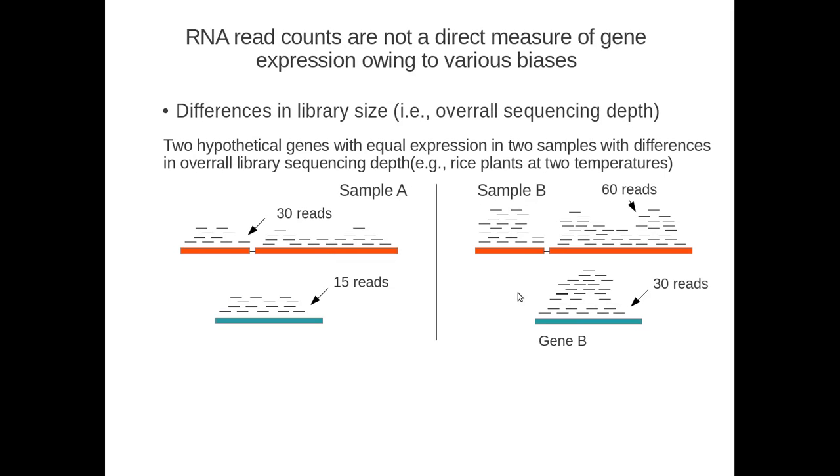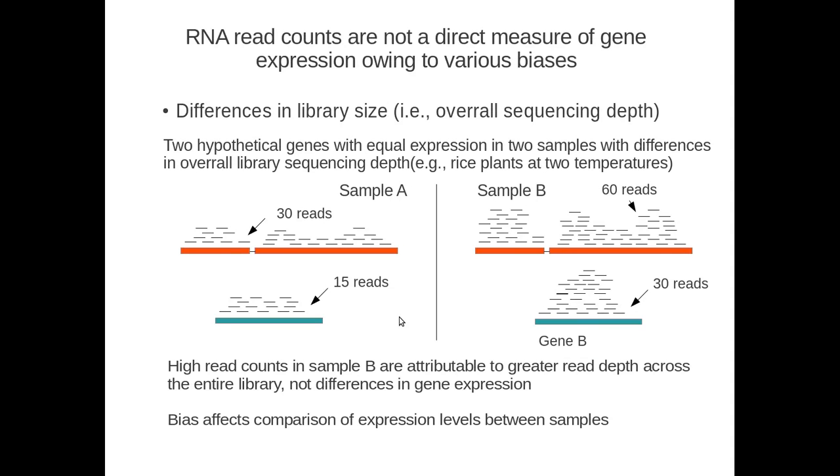So this is a clear bias that we have to take into account, and it is in fact this library size effect that is the primary source of problems in normalization, for reasons that I'll get into in a moment. We have high read counts in sample B that are attributable to greater read depth across the entire library, not differences in gene expression.